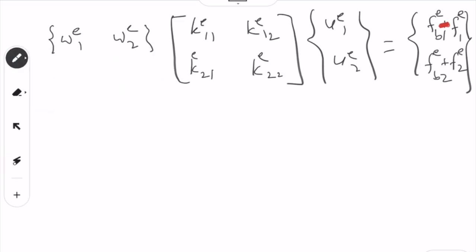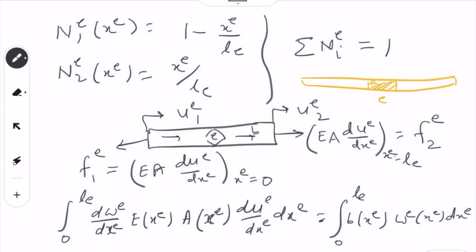Why minus? As I said, like the forces here and here, if you look at it, here it is this way, here it is the back side one. So the stress is positive, but the force is negative because this is negative x direction, and hence we have to write it as minus.